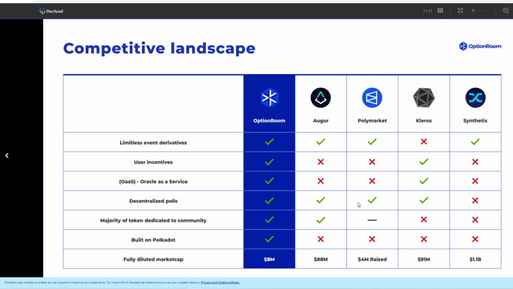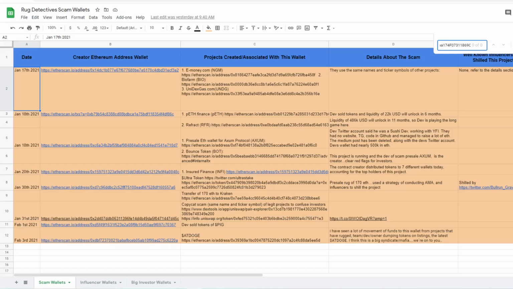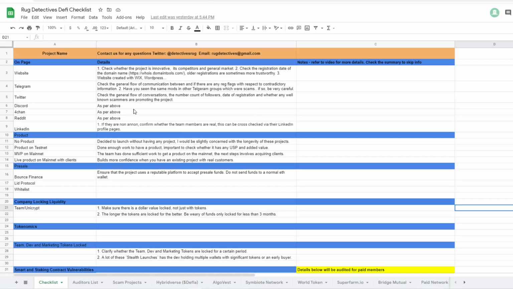And then competitors. So this is extremely important to take a look at who are their competitors. As you can clearly see here, what are they offering that the competitors are not? Because you can see this, but we want to know where are they along the roadmap? Do we actually have a product? If you take a look here, this is the checklist.